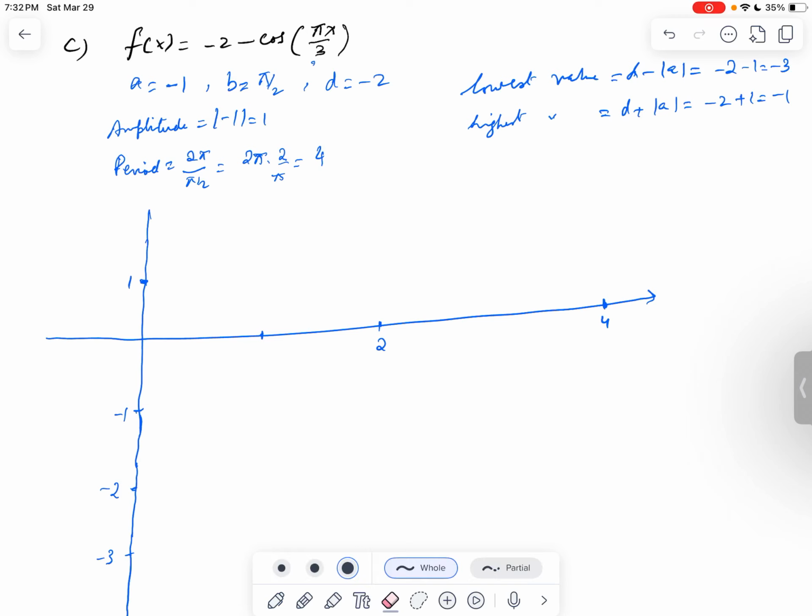So period will actually be 2π times 3 over π. So period is actually 6. Okay, good. So we have 6 here, 3 here, 1.5 here, and 4.5 here.